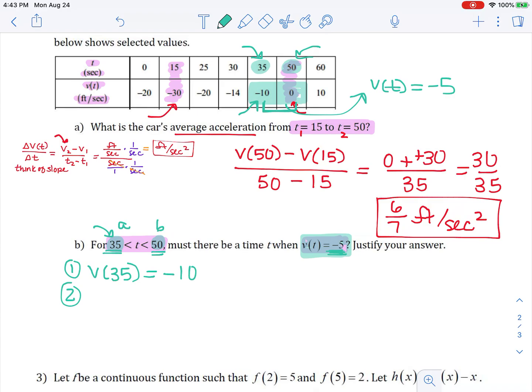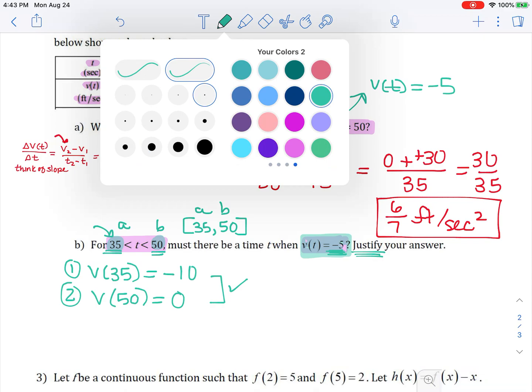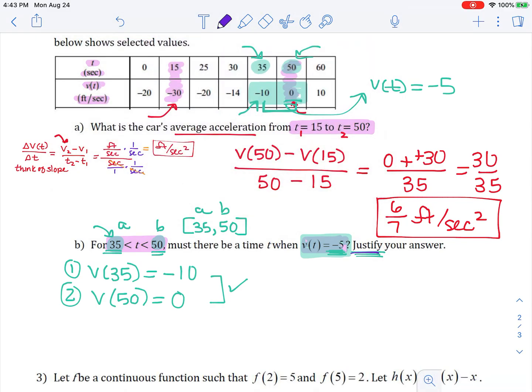This is our A. This is our B value. It's going between 35, remember, and 50. V of our B value is equal to 0 right here. Now, sure, you do get -5. You do pass through that. But again, we need to justify.